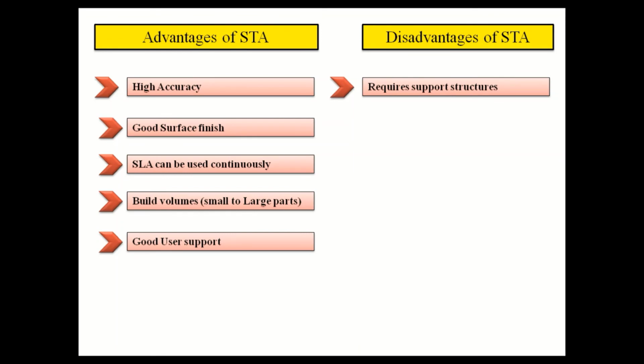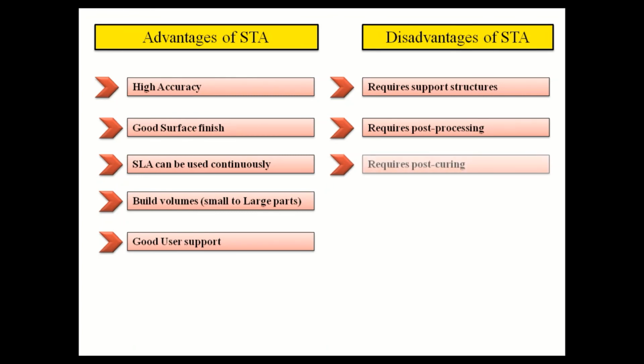So that is the disadvantage of the apparatus. When we have unwanted material in the fabricated part, we definitely have to go to the post-processing operations and then the post-curing process.